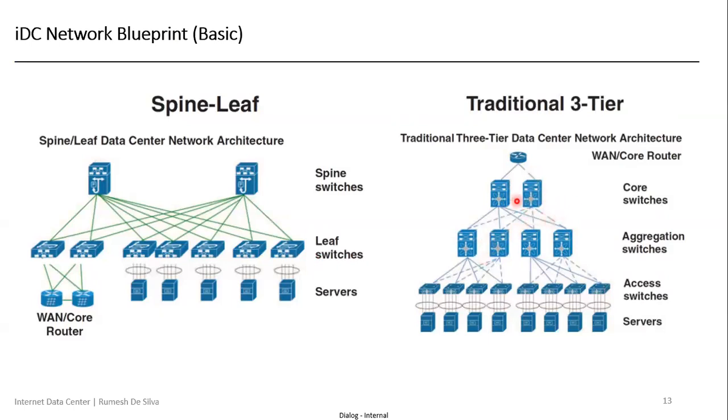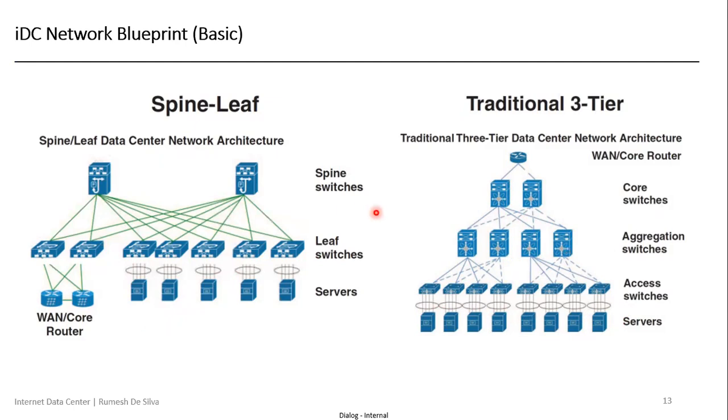You may see the core switch layer, the aggregation switch layer, and the access switch layer, which pass the layer 2 traffic, VLANs, likewise. In the left-hand corner, you'll be able to see the spine leaf architecture of the data center.